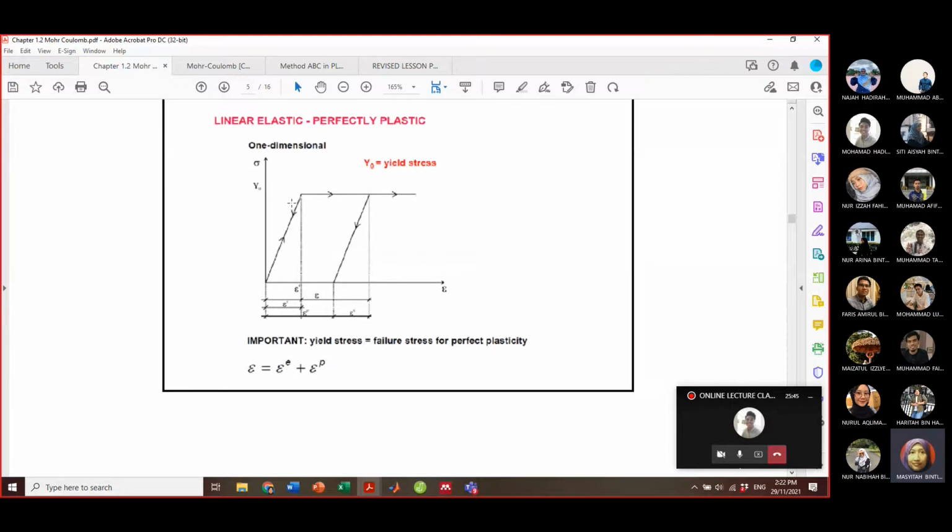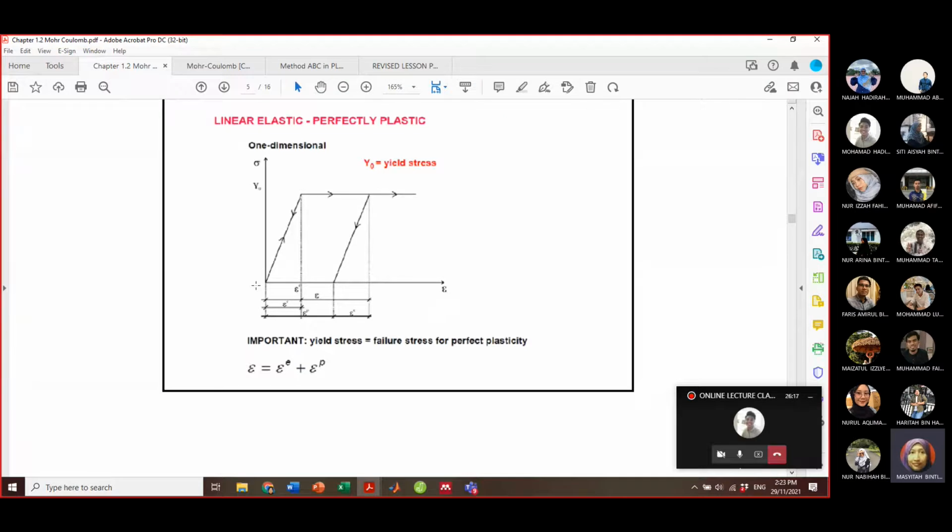You may have the linear elastic or linear region at this side, and then when you continue applying stresses, at one point the stress remains constant. However, the elastic strain continuously increases. So you will see that in the normal stress condition it has become constant, but the strain value is still increasing.